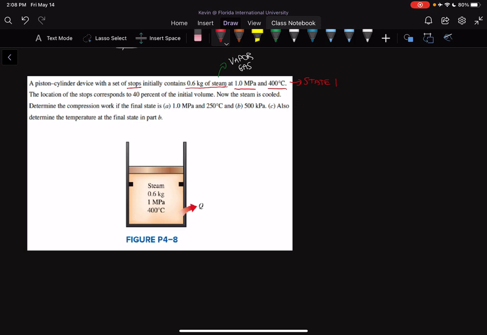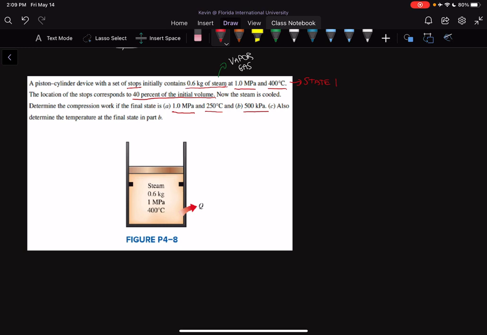So then we're told that the location of the stops corresponds to 40% of the initial volume. So we're told that the stops are 40% of the initial volume. Okay, and then now the steam is cooled. So the first question is determine the compression work if the final state is 1 megapascal and 250 degrees. And then a second step where we have 500 kilopascals and then determine the final temperature.